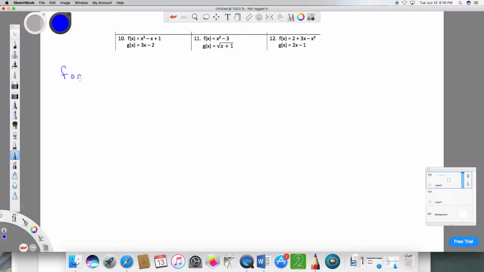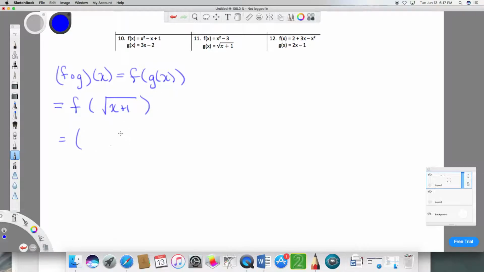We can take f and g, and through composition build a new function. We're using g as the input for f. G is the square root of x plus 1. F always creates a subtraction problem.